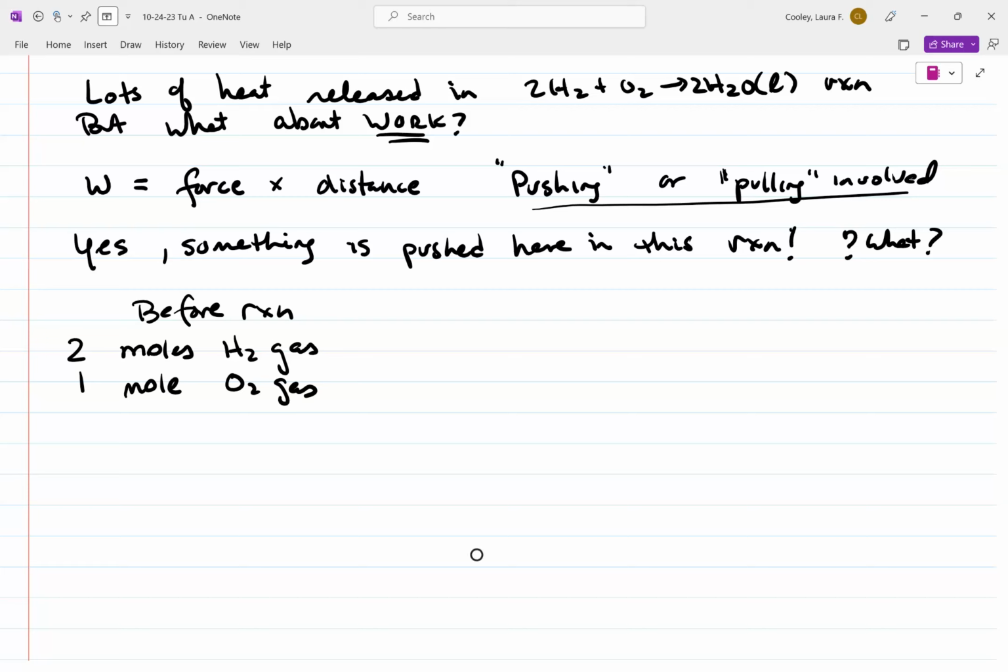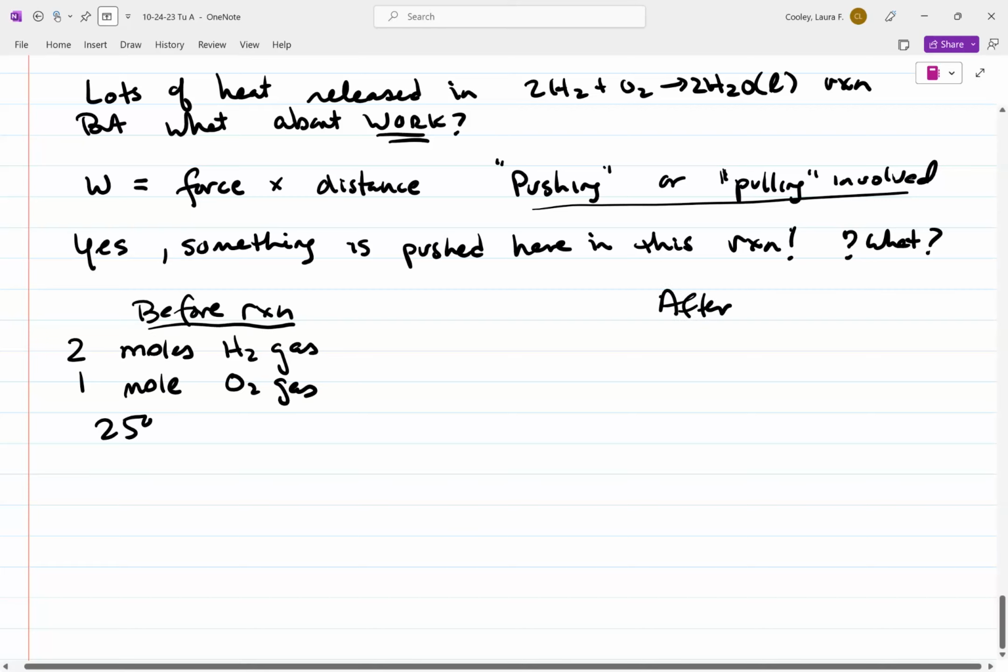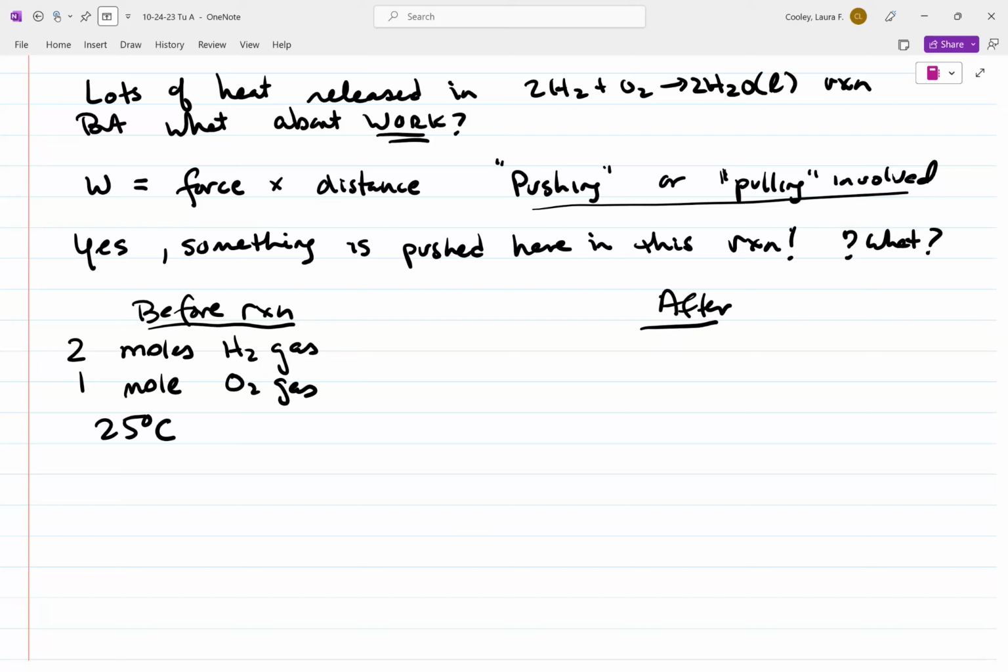Okay, that's the before. After, and now what I'm talking about is at 25 degrees C, let's say, that's room temperature in Celsius. After, of course, you get this big fireball, but let's let the temperature of the room return back to 25 degrees C. Okay, so we're back to 25 degrees C. So now all the water that was generated is now liquid water, and we have 2 moles of liquid water.